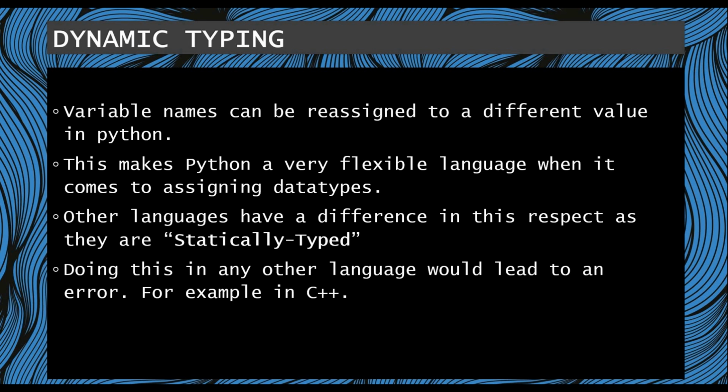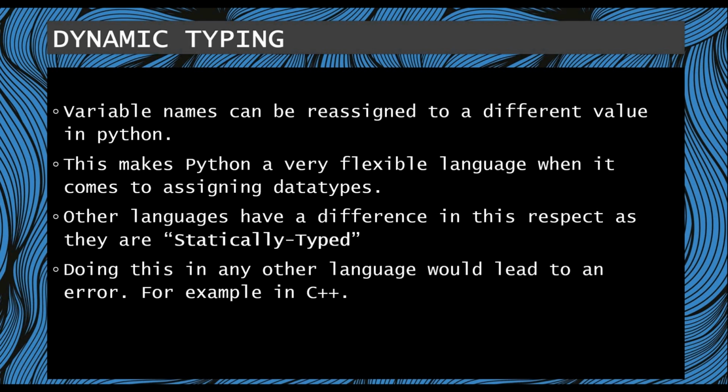It does not mean that once a variable has an integer data type at the starting of a program, it stays that way. If we want, we can change it to a character or a float or a string data type later on in a program to represent different things. This also makes Python a very flexible language when it comes to assigning and reassigning of data types.